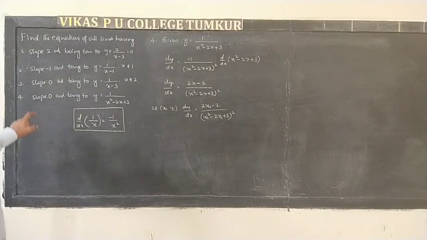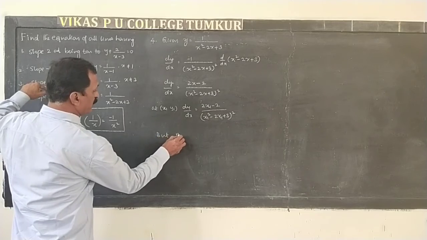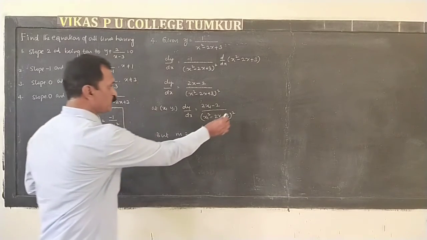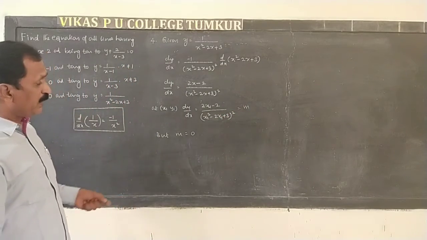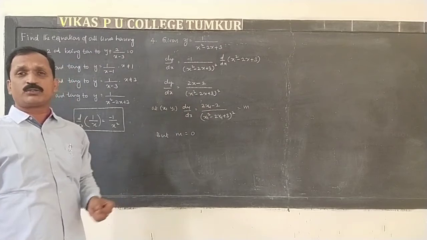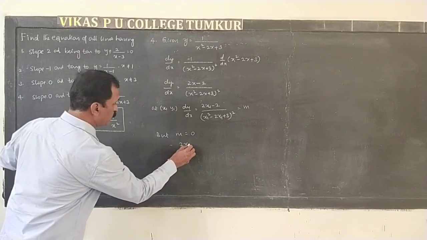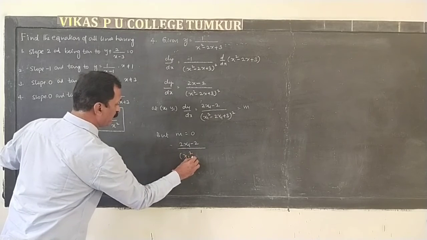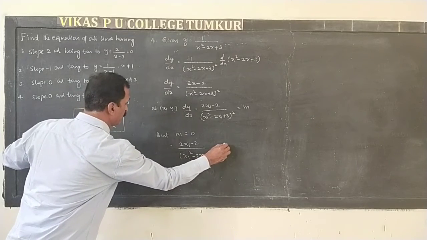But what is the condition given? But remember, the slope should be equal to 0, they have given. This is the slope. Correct? But what condition have they given? Slope is equal to 0. So definitely 2x1 minus 2 divided by x1 square minus 2x1 plus 3 whole square should be equal to 0.